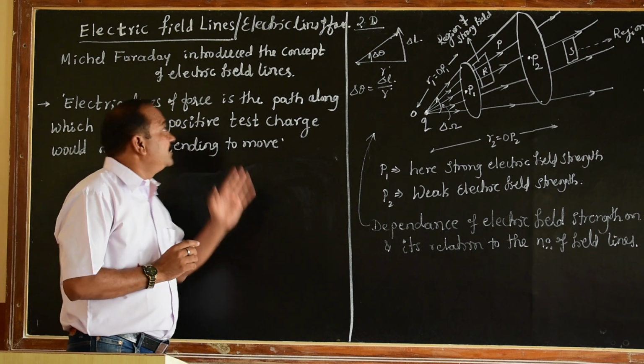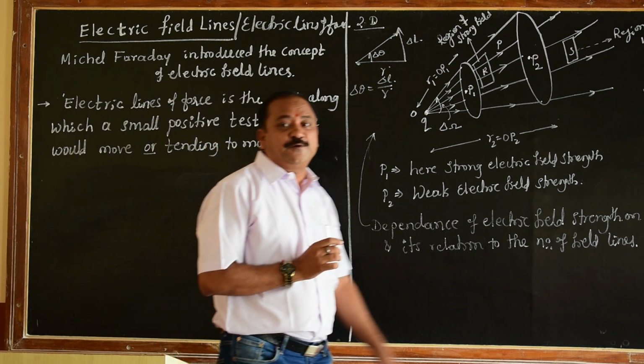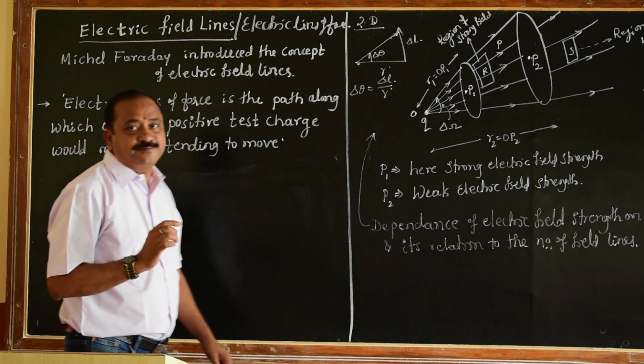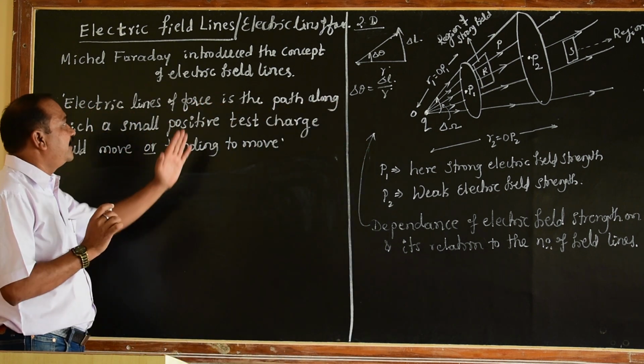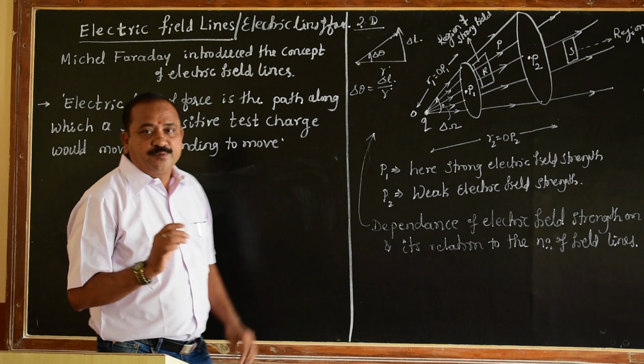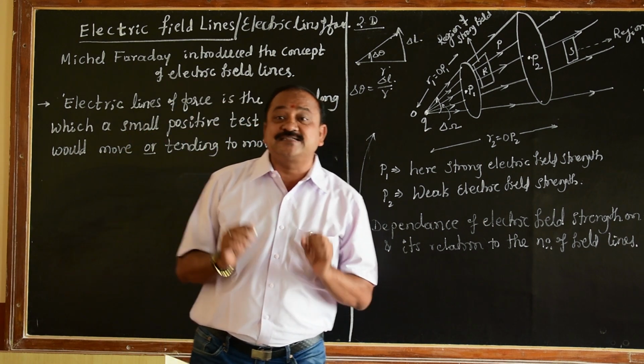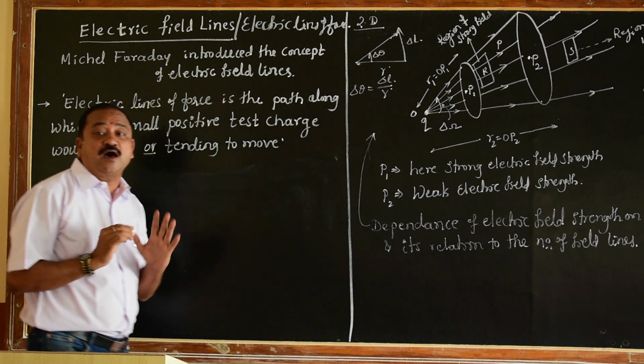So what are electric lines of force? They are the path along which a unit positive charge, or small test charge, moves or tends to move.